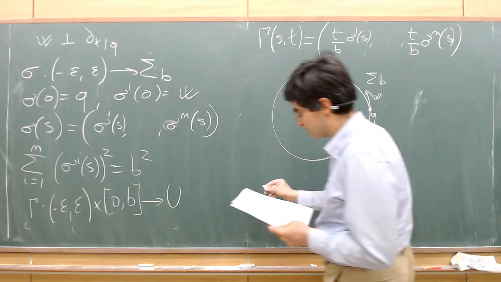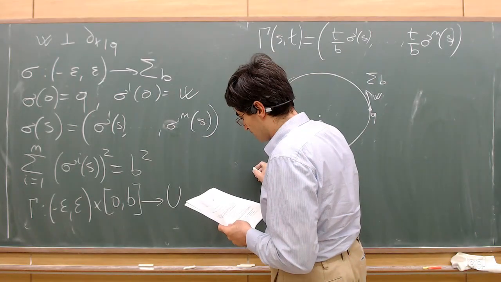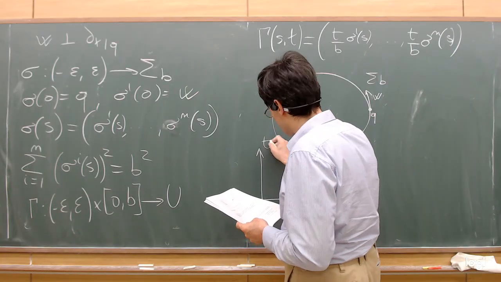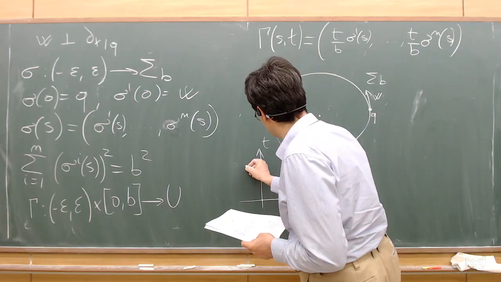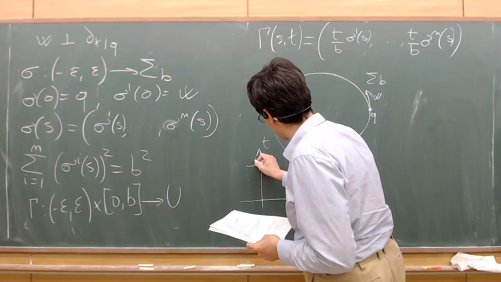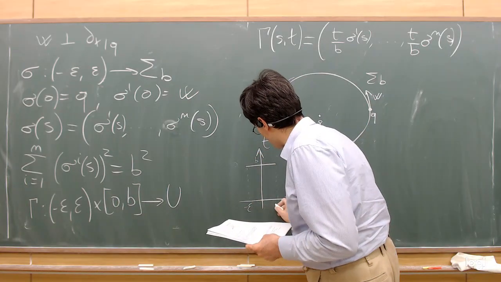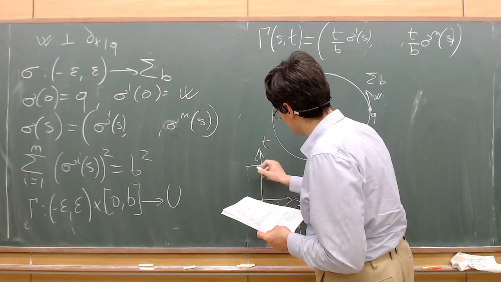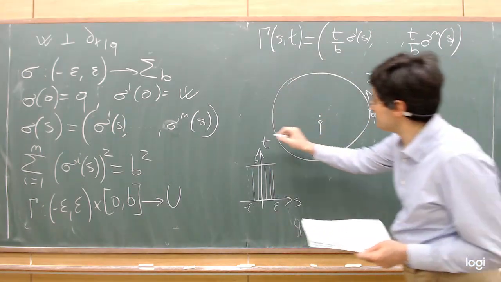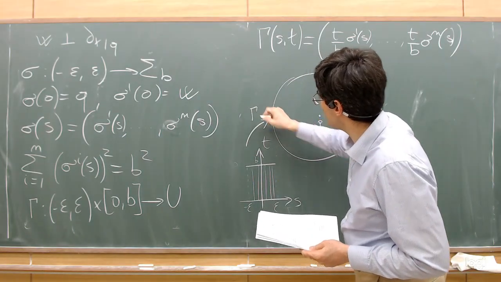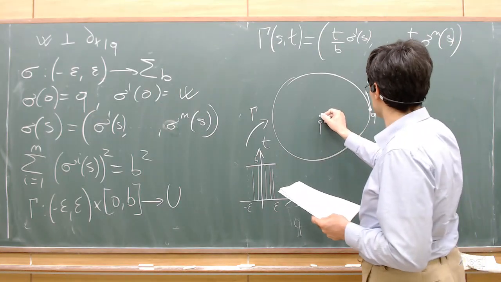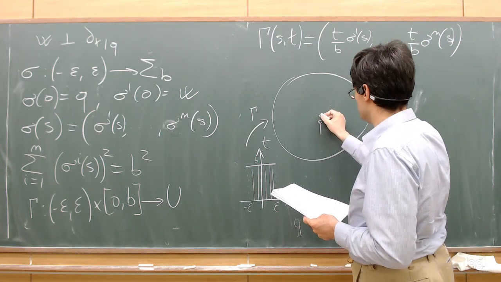Then if this is the s-t plane, gamma sends this rectangle to this kind of curves.